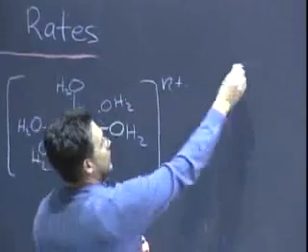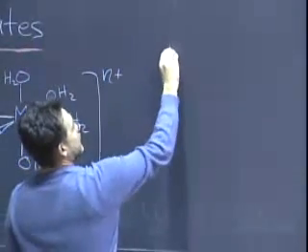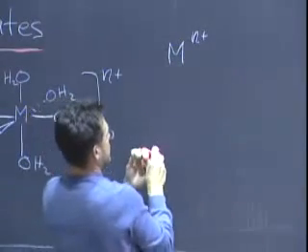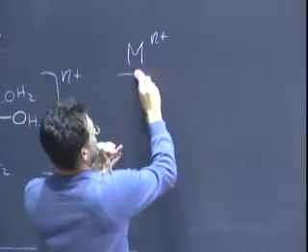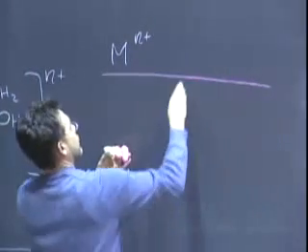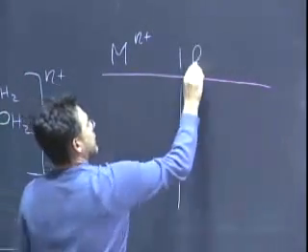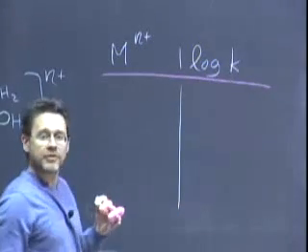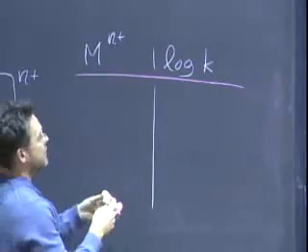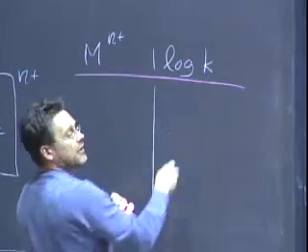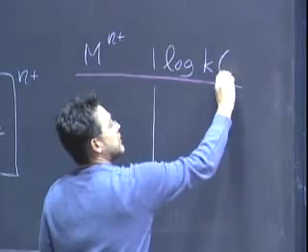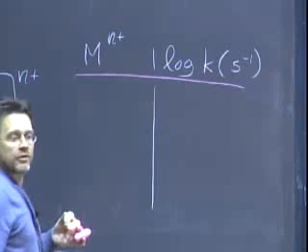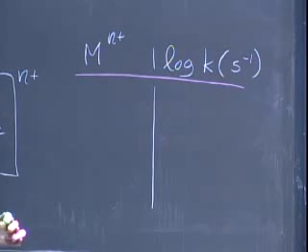And so, for example, let's make a little table of the metal M n+. And we'll take the log of the rate constant for the reaction, which I'll denote with this k. Okay, small k is going to be our rate constant, and the units that we would find for such a rate constant would be reciprocal seconds to describe how fast this takes place.